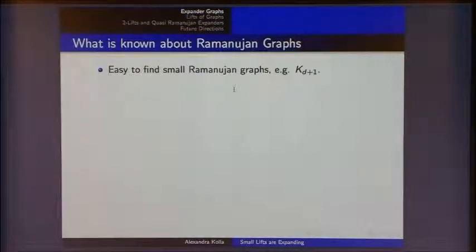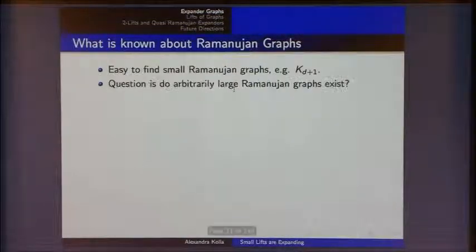Well, it's easy to see that Ramanujan graphs exist on a very small number of nodes. Take the complete graph on d plus 1 nodes, it's Ramanujan. Great. But this is not very useful for applications, if you wanted to build large fault-tolerant networks or something. So the question is, can we find arbitrarily large Ramanujan graphs? A series of graphs that grows with n, and they're all Ramanujan.